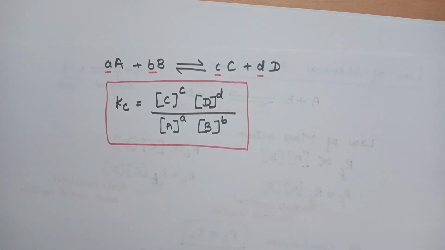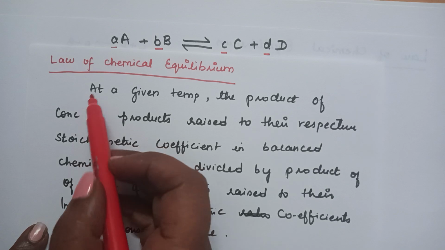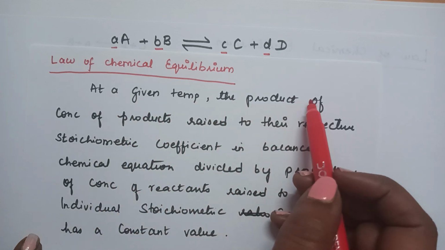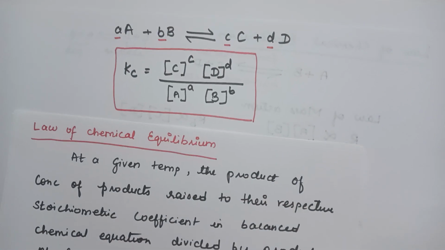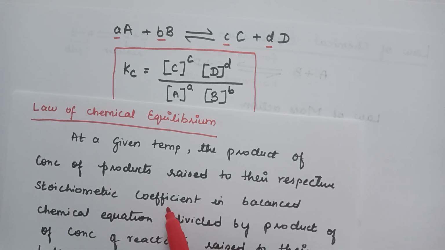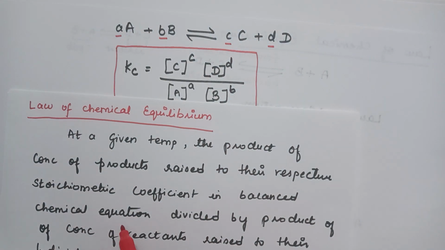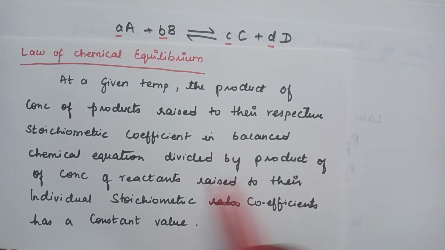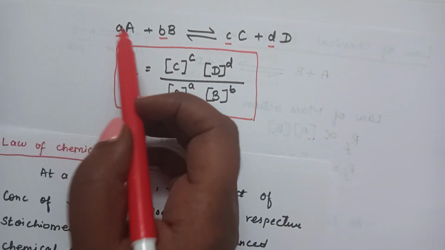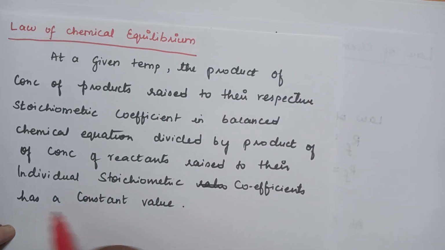So this is what the law of chemical equilibrium states. The law of chemical equilibrium states that at a given temperature, the product of concentrations of the products raised to their respective stoichiometric coefficients in a balanced chemical equation, divided by the product of concentrations of the reactants, A and B, raised to their individual stoichiometric coefficients, has a constant value.